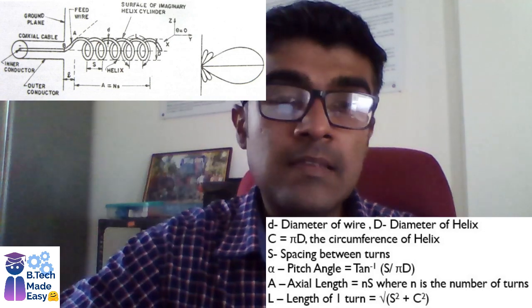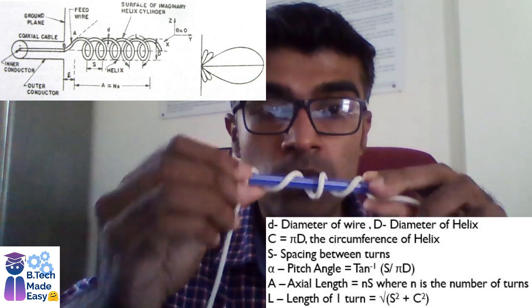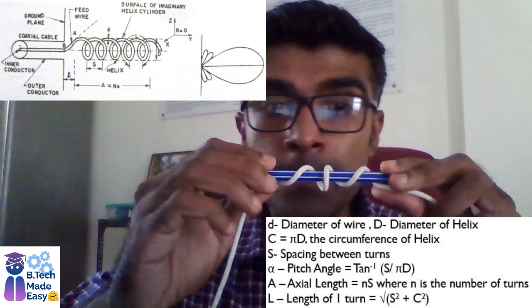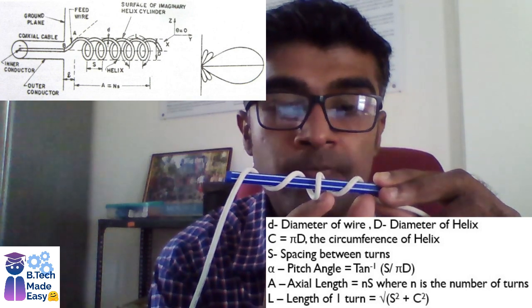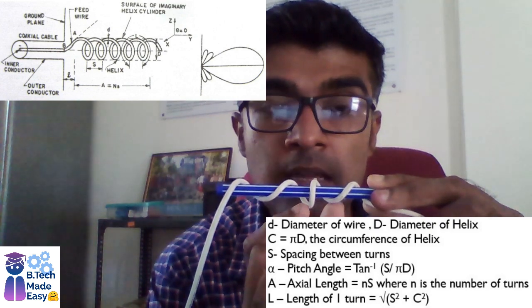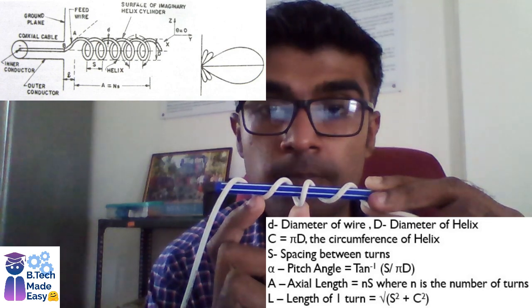Now what is this parameter S? S means the spacing between the turns. So you can see over here there are three turns. Between each and every turn there is a small spacing, one gap. Here some spacing is there, here another spacing is there, and the spacing is also clear.